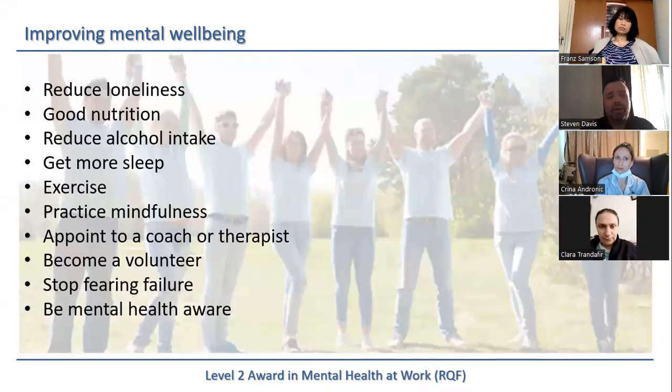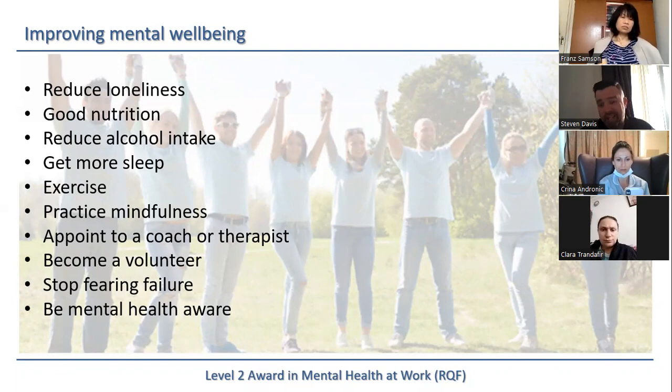So ways to improve your mental health and well-being, obviously reduce loneliness. Social deprivation is never a good thing. There are activities, networking, social groups, good nutrition, eat your 5 a day, reduce alcohol, which again was another initiative, get more sleep. So it's called sleep hygiene. I think I've put sleep hygiene in your canvas now.